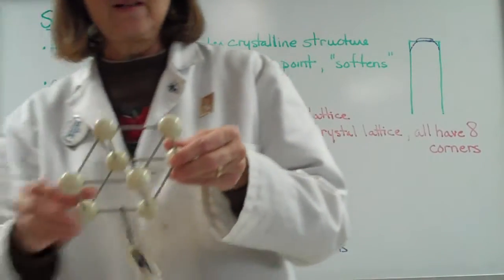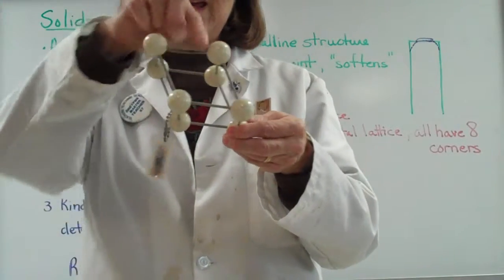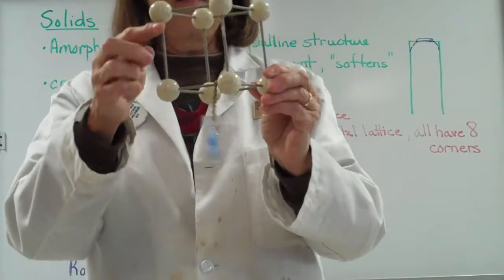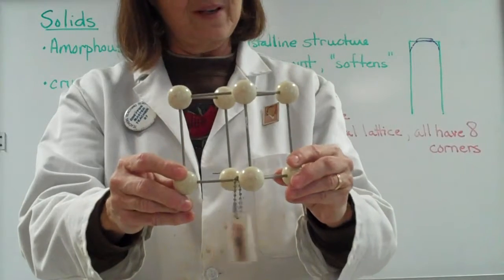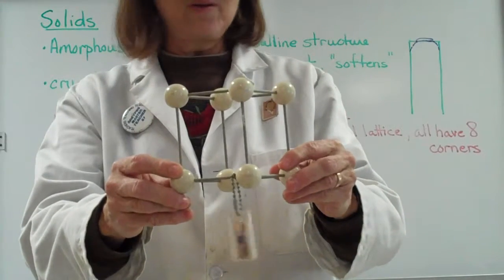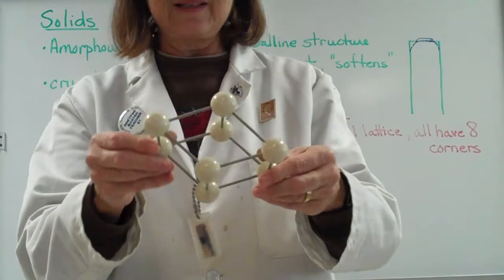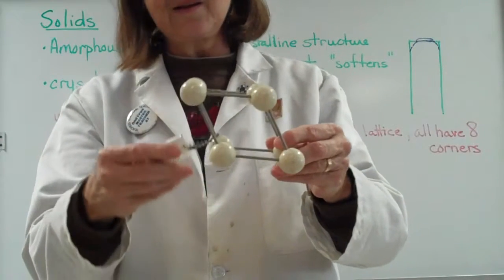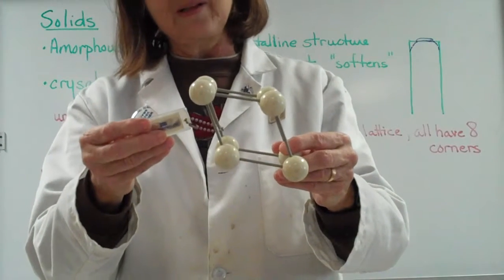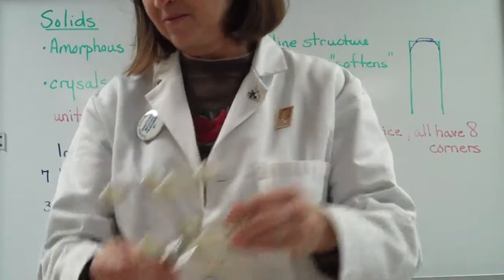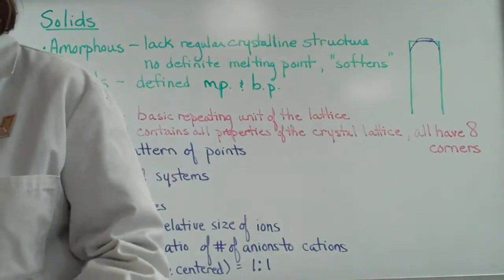Here, you can see a little bit of a variation in that A equals B, but C is very different. Bond angles do not equal 90 degrees in all cases. And so this particular type of unit cell is called hexagonal. These are in your textbook.